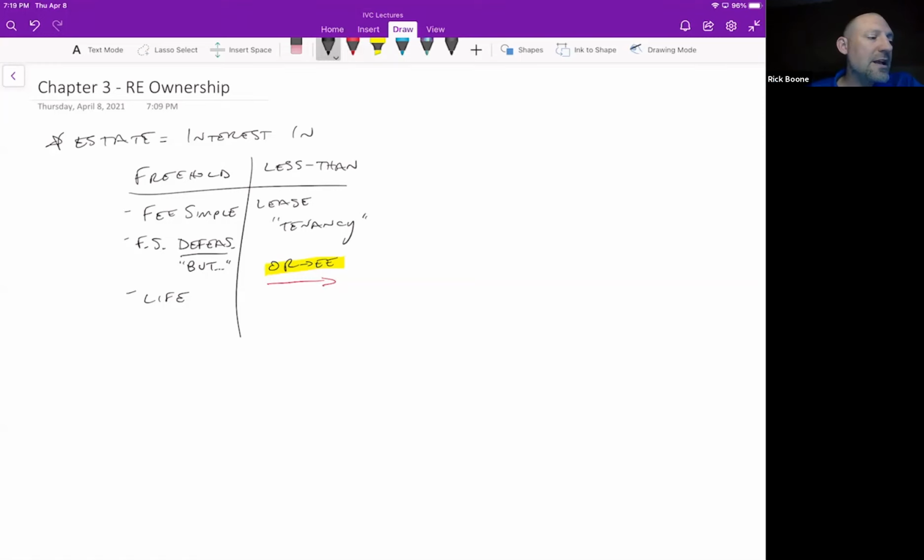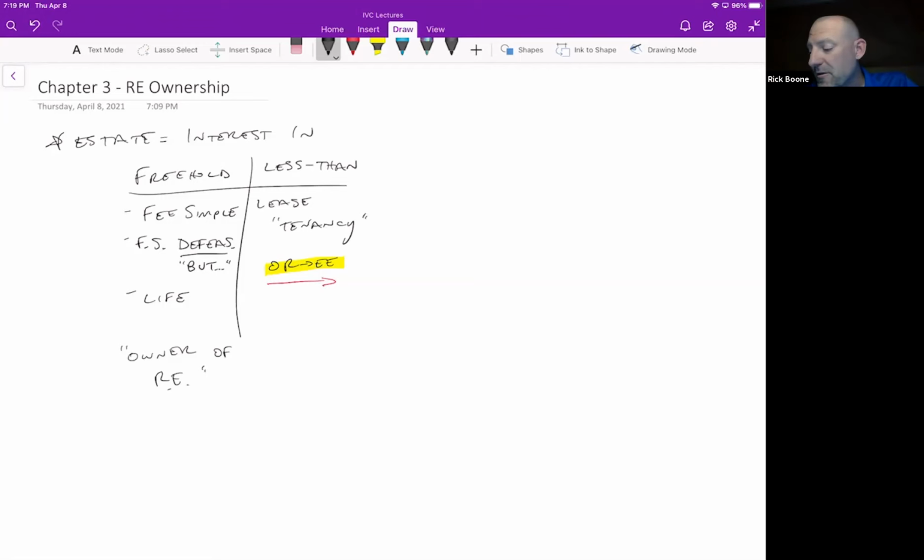And so when we're looking at these two terms, freehold and less than freehold, in a comparison like this, here's where we can think about the actual relationship of the people. On the freehold estate, we're talking about the owner of the real estate, the owner of the dirt, the owner of the structure.